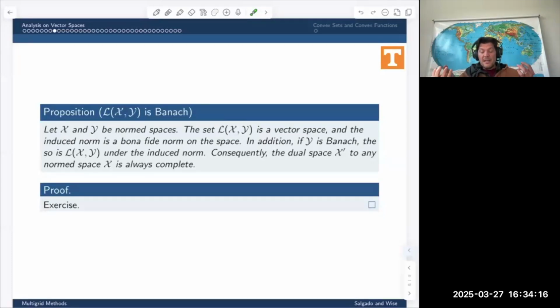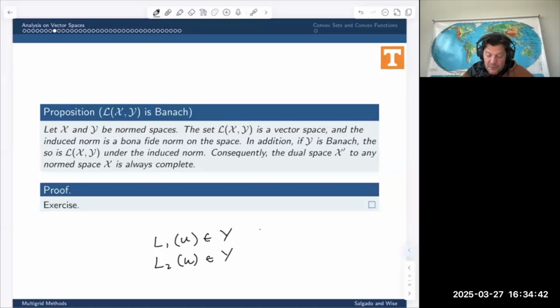That is, I can make linear combinations of bounded linear operators and I can get another bounded linear operator, right? So how would I do that? If I have one bounded linear operator, L1, that takes me into Y, and I have another one that does the same thing, L2, for each U, I guess.